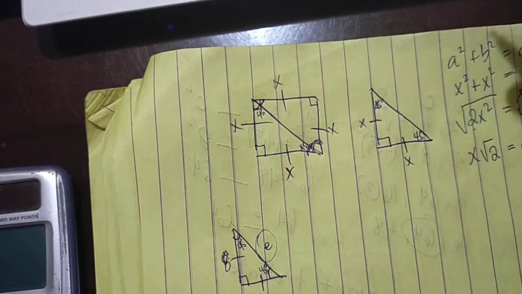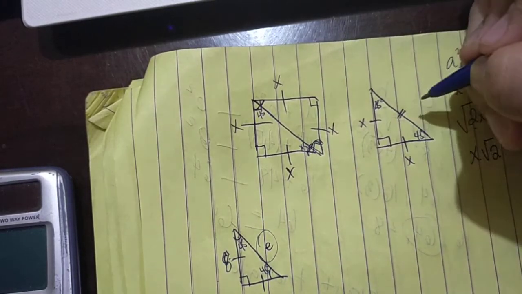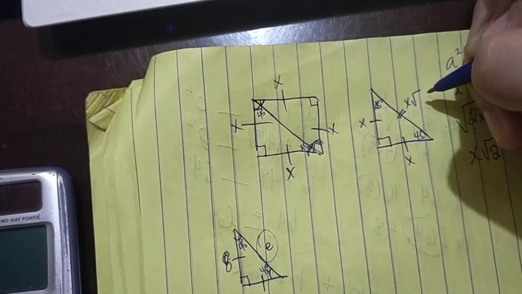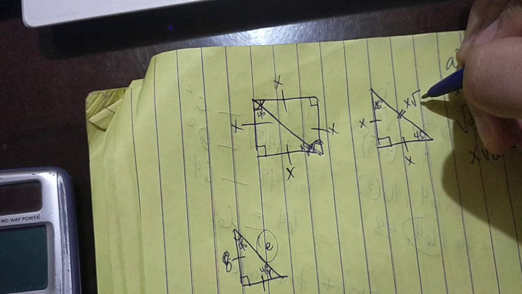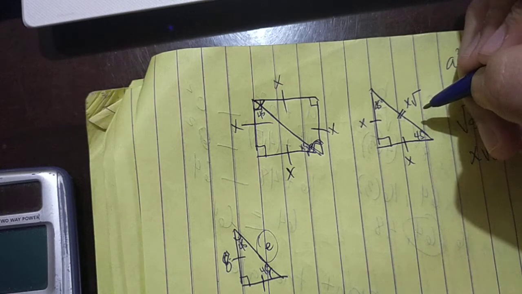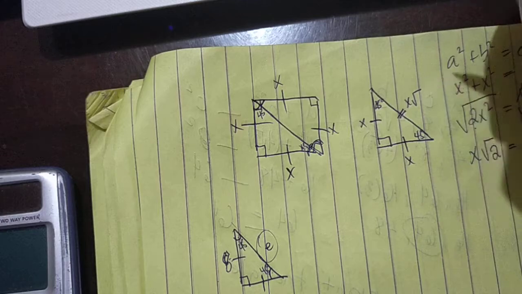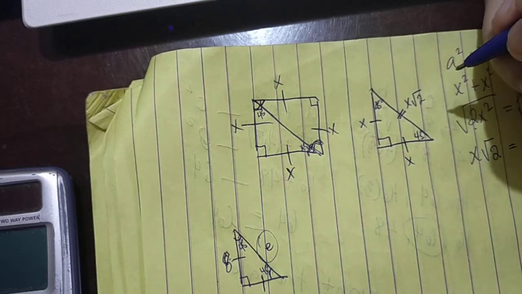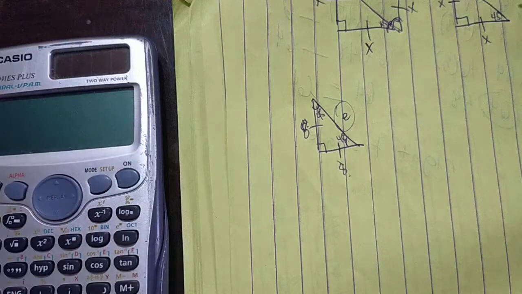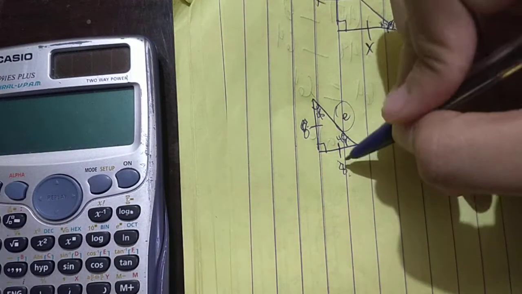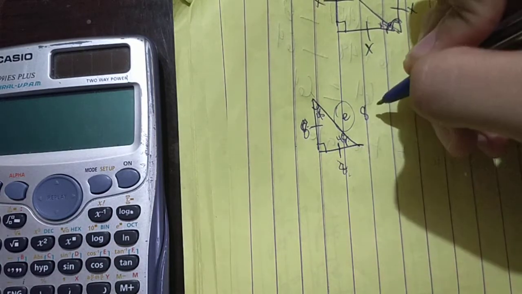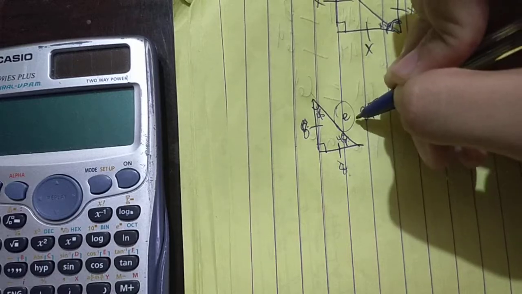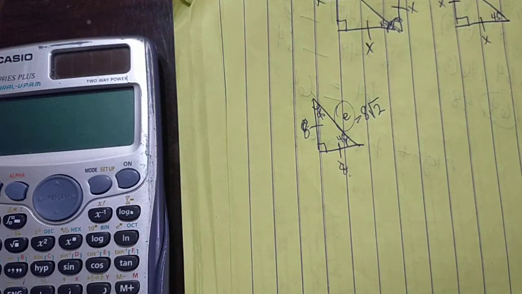Our third side, our hypotenuse, will be the shortest side, or the equal sides, multiplied by square root of 2. So 8 multiplied by square root of 2, and that's it. Ang dali, ano? Yes, of course, it's easy.